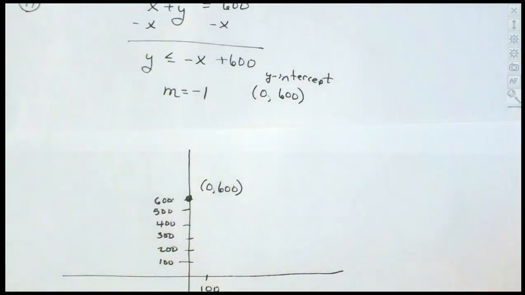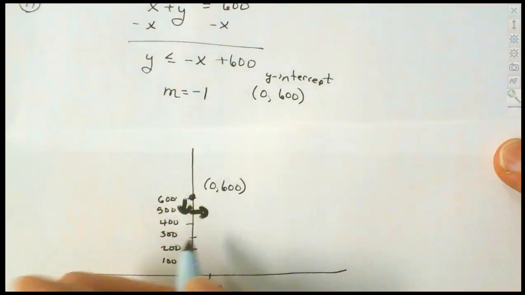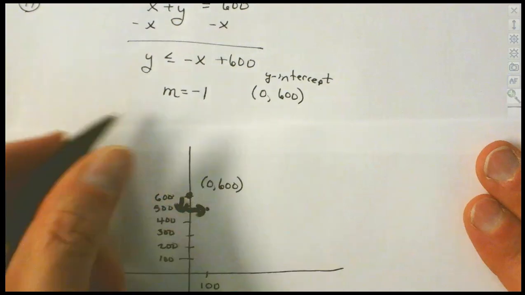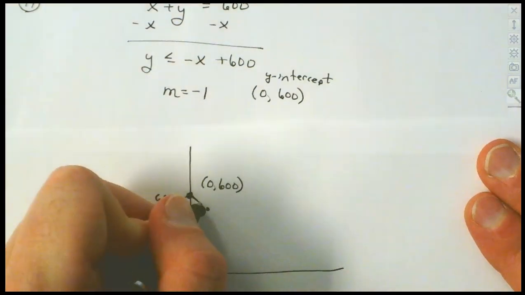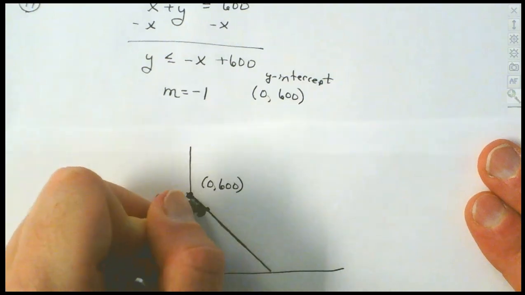So we're going to go down 100 and over 100. So we went down 100, over 100, connect them together. We're going to use a solid line. And it looks like that.